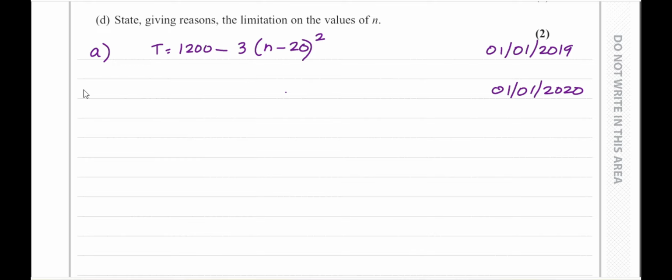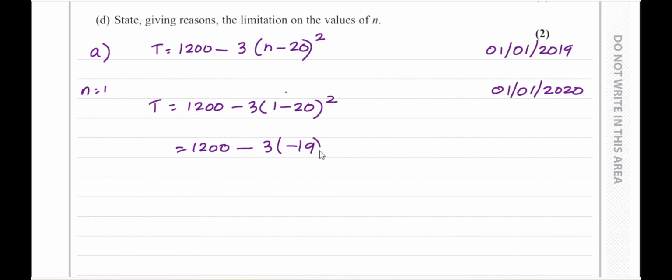Hence put n is equal to 1 here. T equals 1200 minus 3 bracket 1 minus 20 to the power of 2, which is equal to 1200 minus 3 bracket minus 19 square. Putting it into calculator, we get 117 tons.